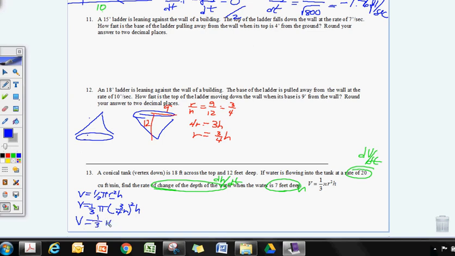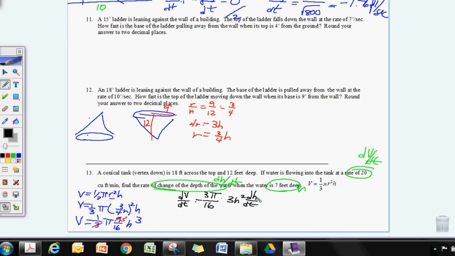So volume will equal 1/3 pi times 9/16 h cubed. Now, just doing a little math, this 3 and this 9 will reduce. But that's my equation. So now I need to take the derivative of that equation. dV/dt is going to equal 3 pi over 16 times 3 h squared dh/dt.